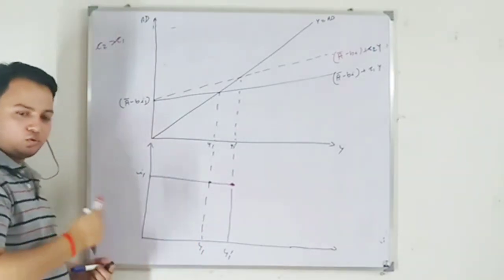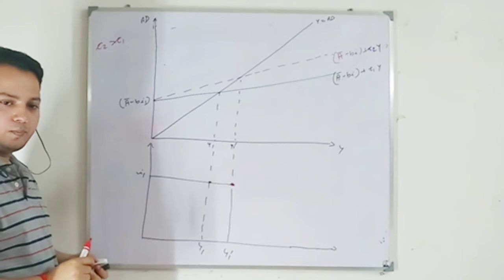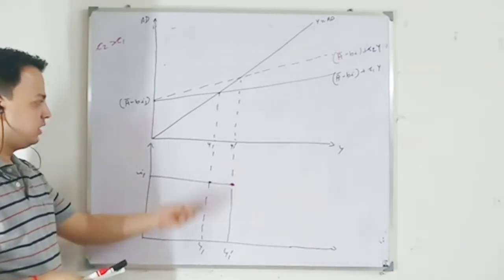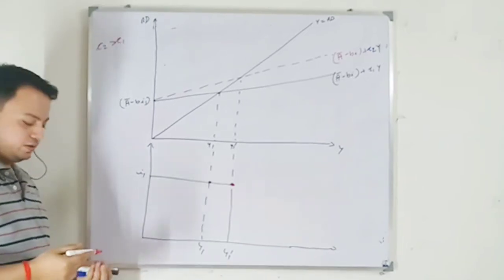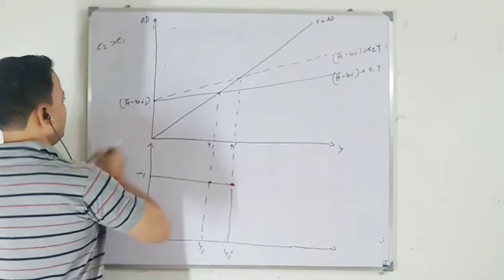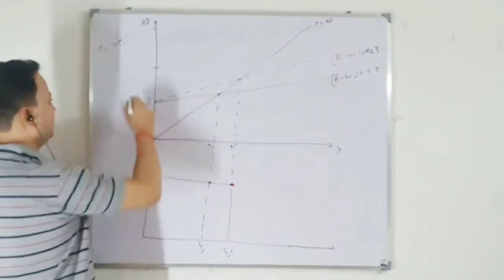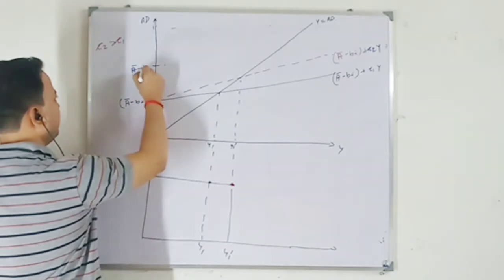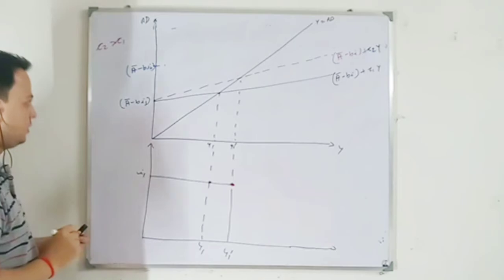Now I got one point. I need to get one more point to draw my IS curve. So what do I have to do to take out the second point? Remember, I change the rate of interest. So the rate of interest decreases. When the rate of interest decreases, this intercept term will increase. This will be A bar minus bI2. Same thing, same graph.